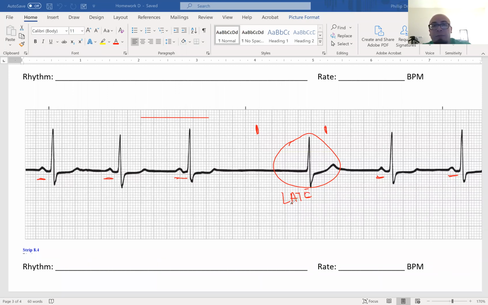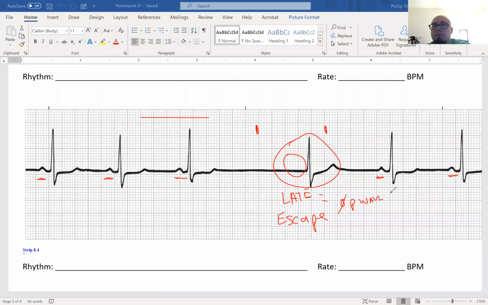So when we have a late beat, it equals an escape beat. Escape beat is what we're calling it. All right. So we need to identify what kind of escape beat that is. Is it an atrial escape beat? Well, if it was atrial, it would have a P wave, but I don't have a P wave. No P wave. All right.